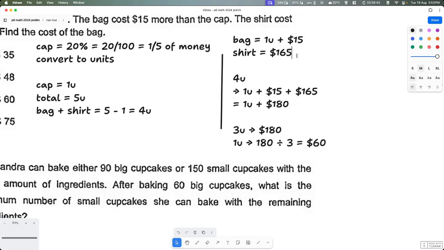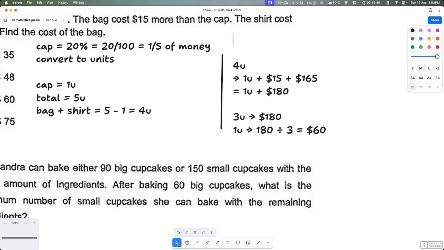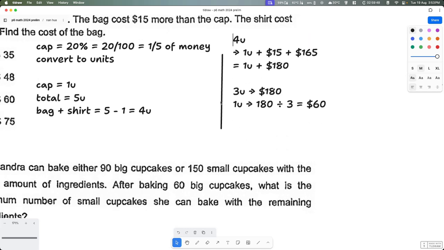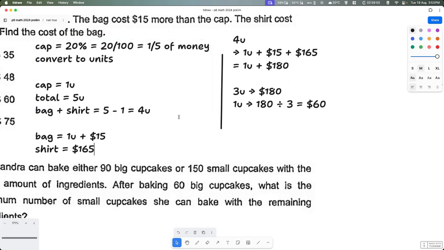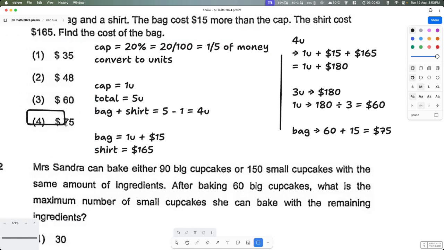All right, so now we know this. That means the bag is equal to 60 plus 15 equal to $75. So the answer to this question is option number 4.